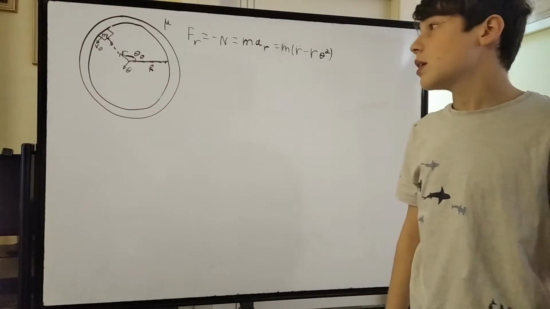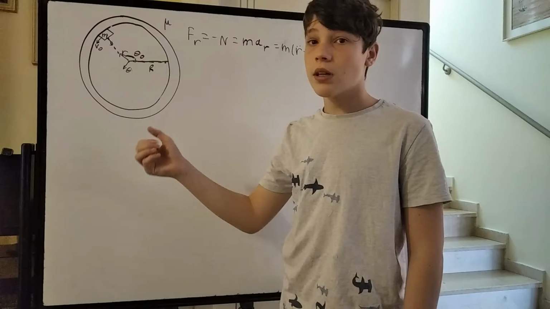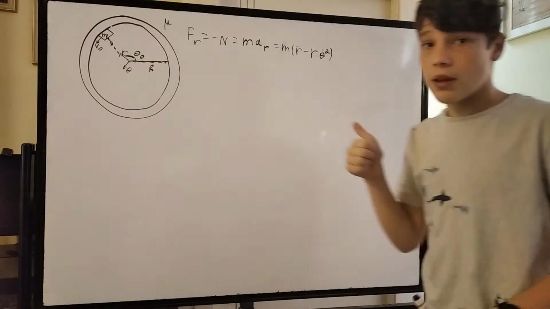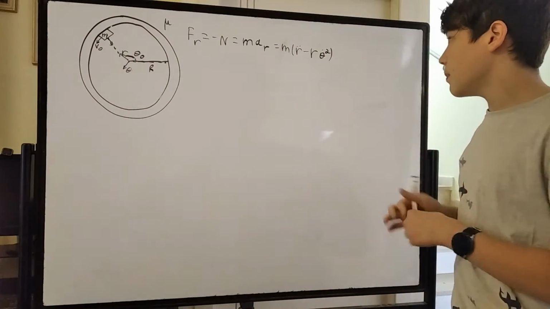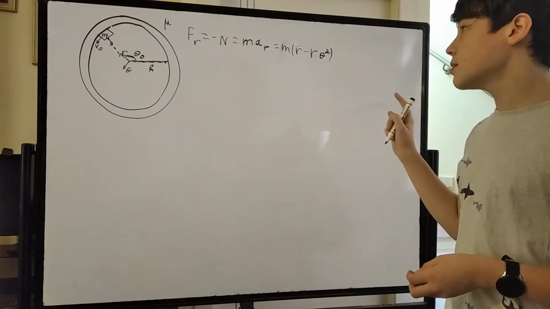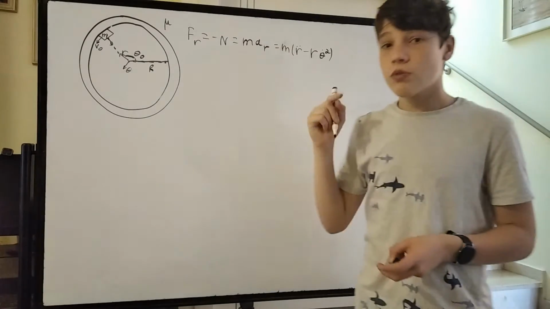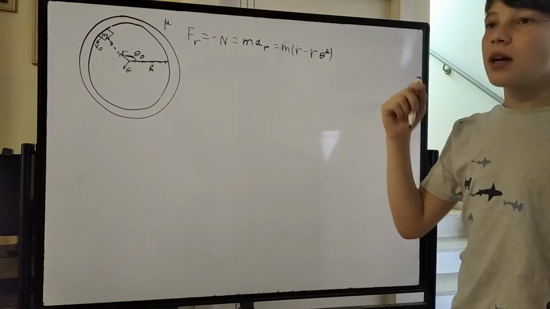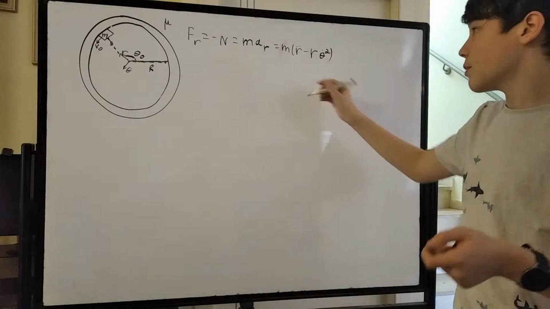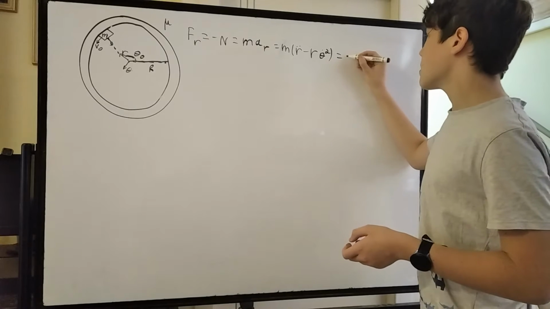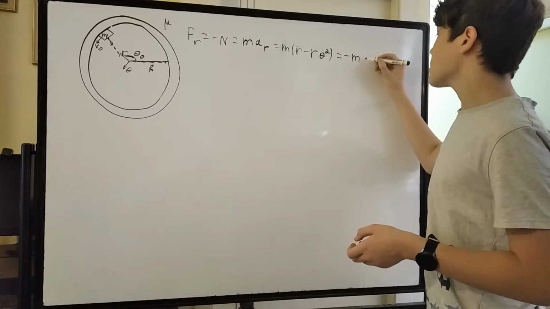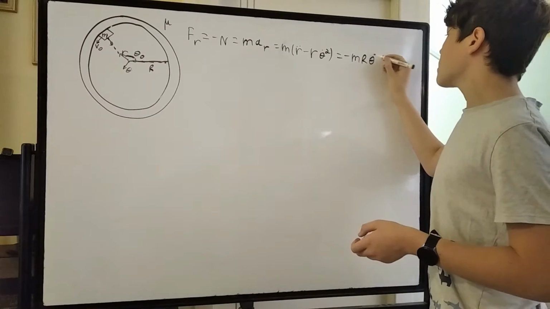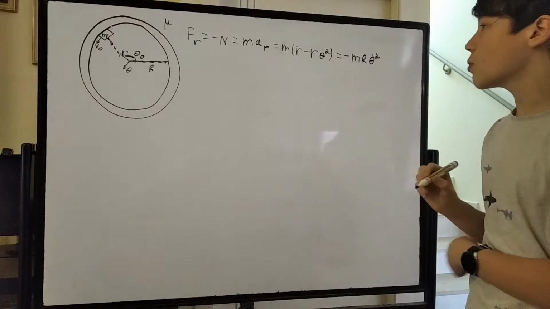It doesn't break the ring or somehow go inside the ring. Meaning that if our radius is constant, r double dot, which represents the second derivative with respect to time of the radius, is 0. Meaning that this is negative mass times radius times theta dot squared.